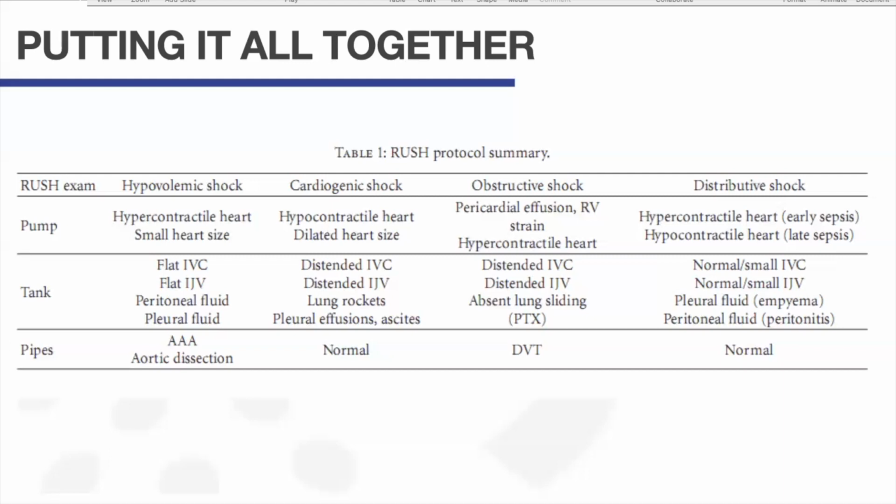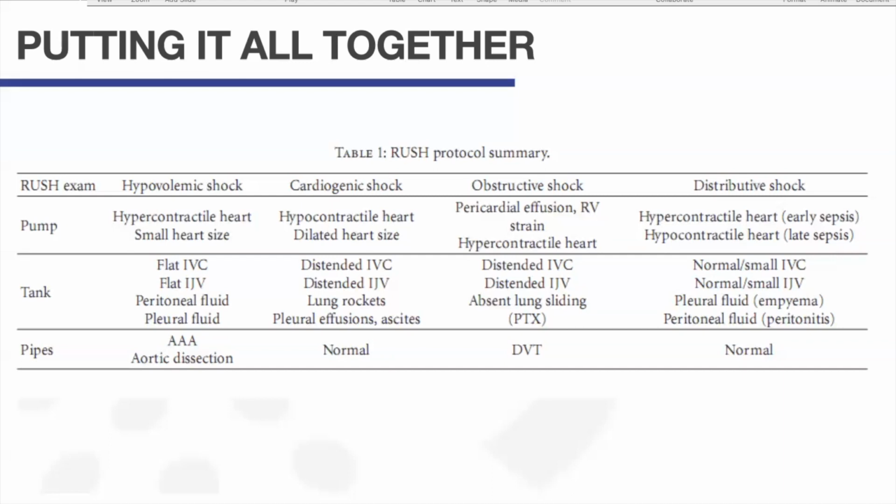In obstructive shock, such as in PE and even tension pneumothorax, you may have a pericardial effusion, RV strain pattern, hypercontractile heart with distended IVC, and absence of lung sliding in pneumothorax. On assessment of the pipes, you will find thrombus formation in the femoral or popliteal vein.